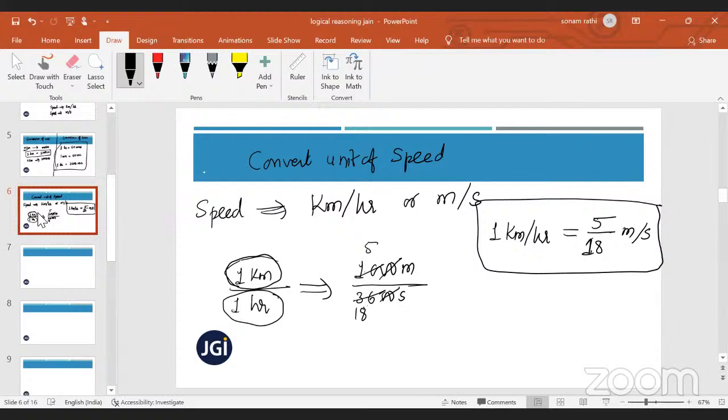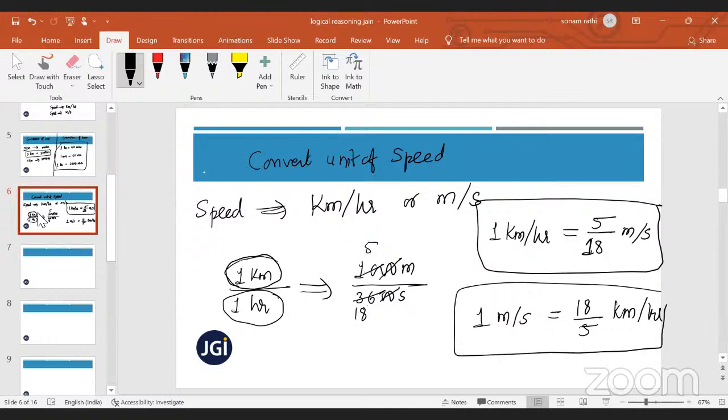And they can ask you vice versa also. So 1 meter per second is equal to, reversing it, 18 by 5 kilometer per hour. This is also important. This type of calculation we will do in questions related to trains, where we need to convert speed from kilometer per hour to meter per second or meter per second to kilometer per hour.